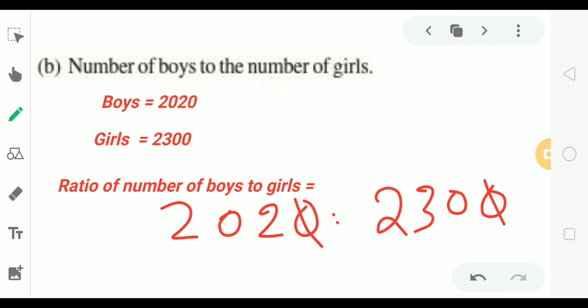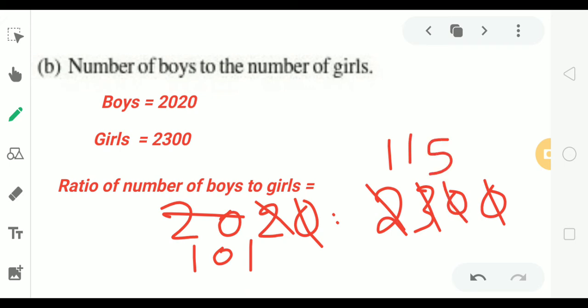Then we can divide it by 2 table. 2 table 20 is 10 time, 2 is 1, so 101. And now in 2 table, 2 into 1 time, in 3 1 time, in 10 5 time. So we get it as 101 is to 150. 101 is to 150 is the ratio of boys to the number of girls.